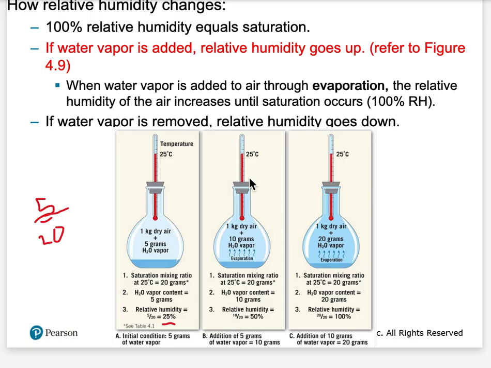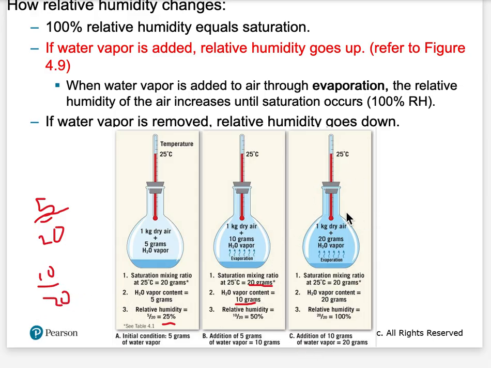And here we have 10 grams of water vapor. Again, at the saturation mixing ratio at 25 degrees Celsius, the maximum amount of water vapor it can hold is 20 grams. So you divide 10 by 20, and you get 50% relative humidity.